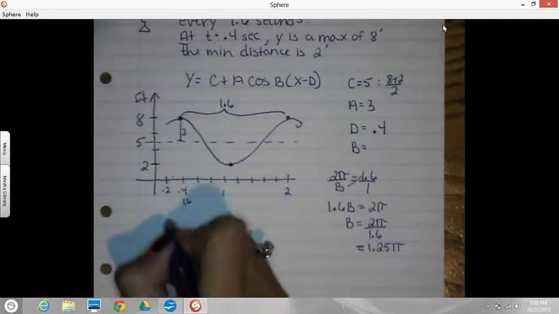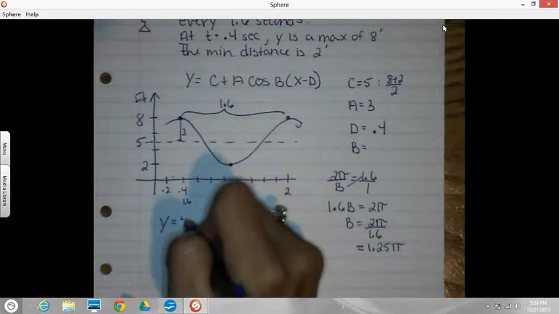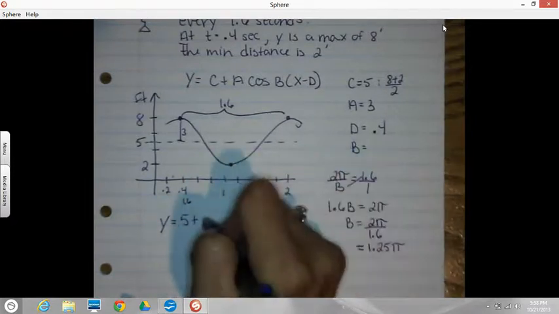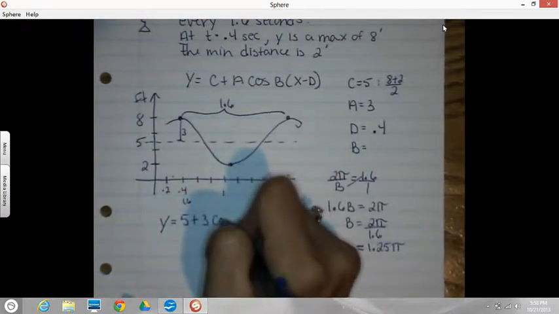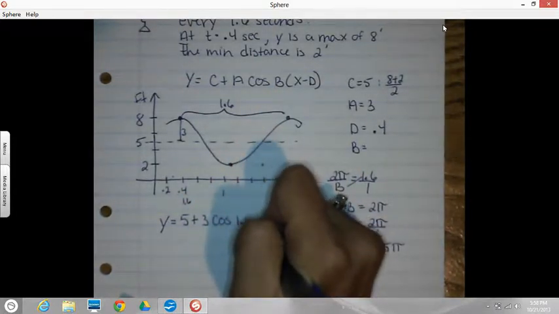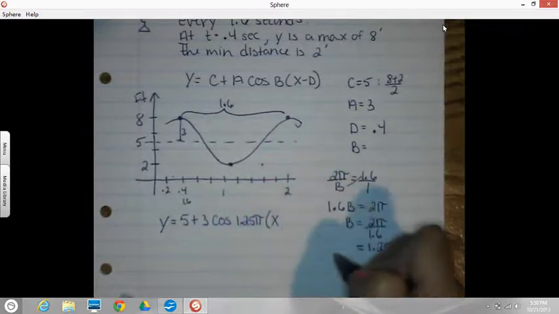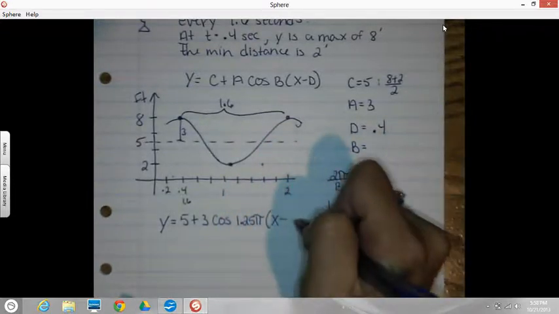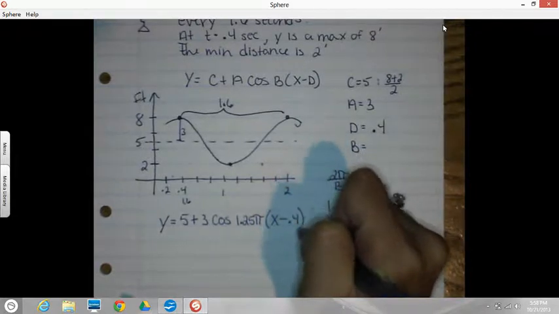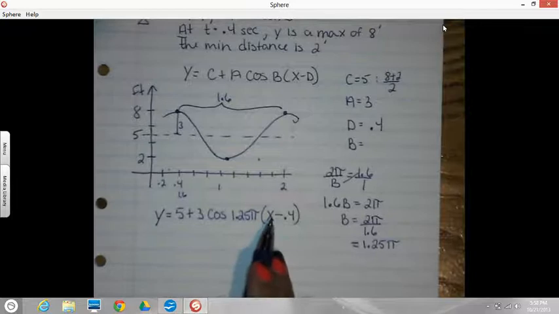So it's y equals, C came out 5, amplitude is 3, cosine, B we calculated to be 1.25 pi, phase shift is x minus 0.4 because it went to the right. Okay, remember y is distance from the ceiling in feet, x is the time in seconds.